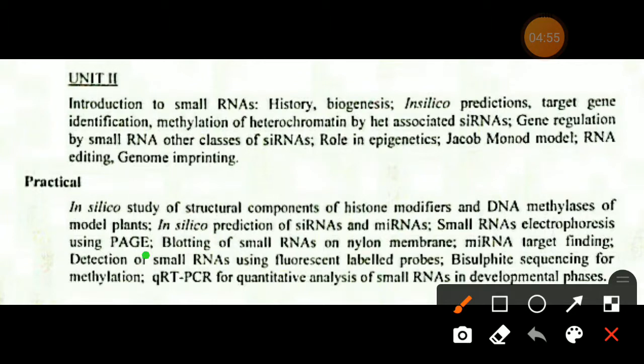Then blotting of small RNAs on nylon membrane, mRNA target findings, detection of small RNAs using fluorescent labeled probes, then bisulfite sequencing for methylation, and QRT, that is quantitative RT-PCR, for quantitative analysis of small RNAs in developmental phases.